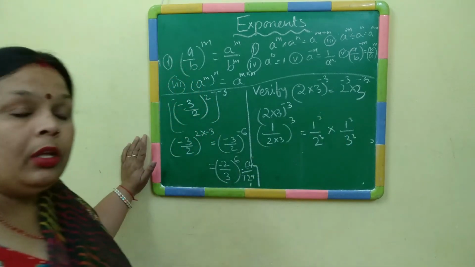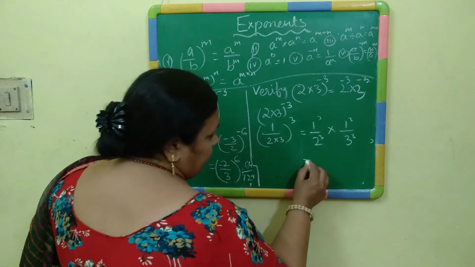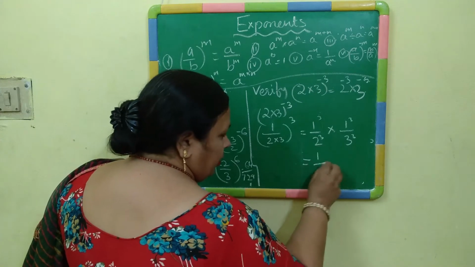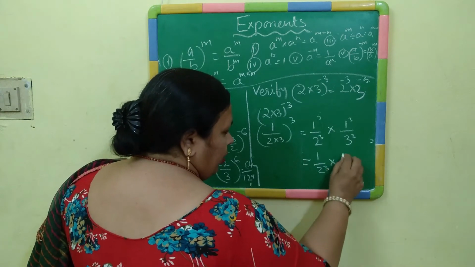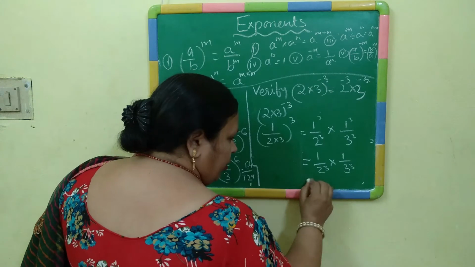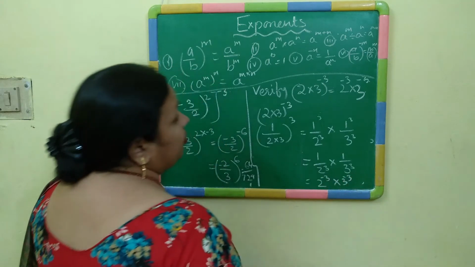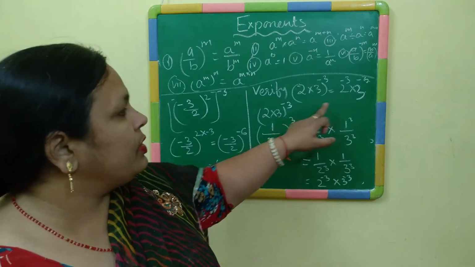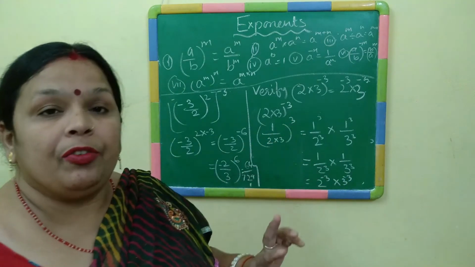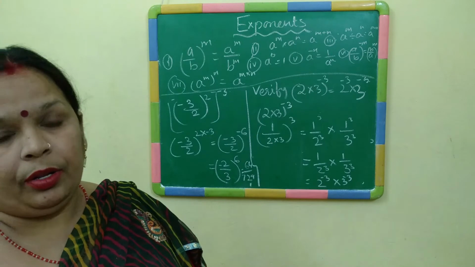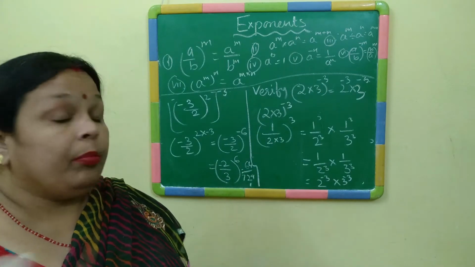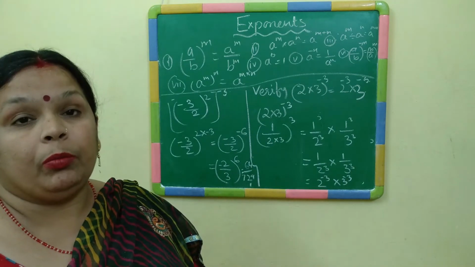Clear? 1 cube is 1, so 1 by 2 cube and 1 by 3 cube will be 2 power minus 3 into 3 power minus 3. So we started with LHS, we reached RHS, hence verified. Clear? We can see many varieties of problems on this.